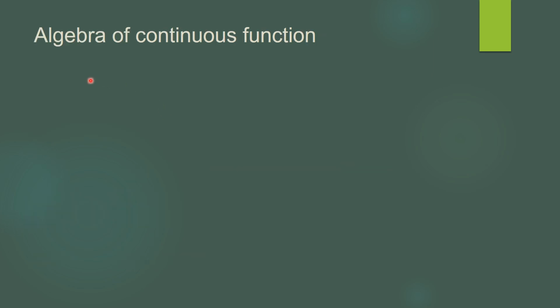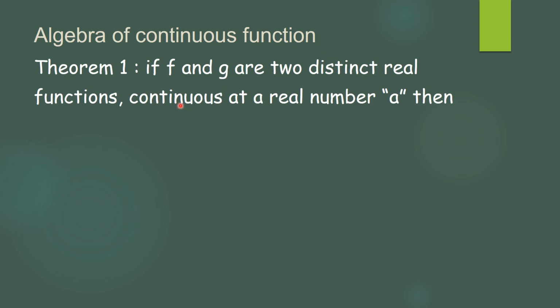Now we will start with the algebra of continuous functions. There are two theorems. The first theorem states that if f and g are two real functions continuous at a real number a, then we can say that f plus g is also continuous at x equal to a.